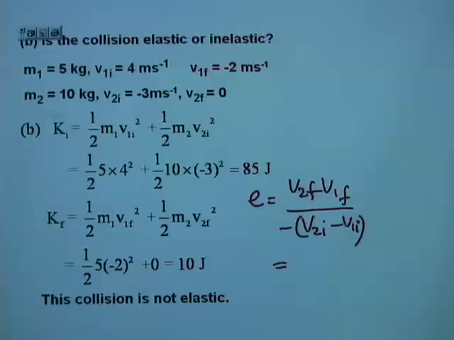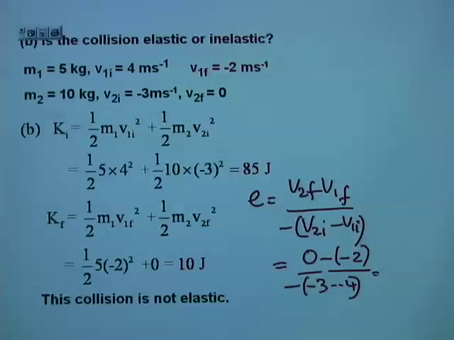V2F is 0, minus V1F is minus negative 2, divided by negative of V2I is negative 3, minus V1I is 4.